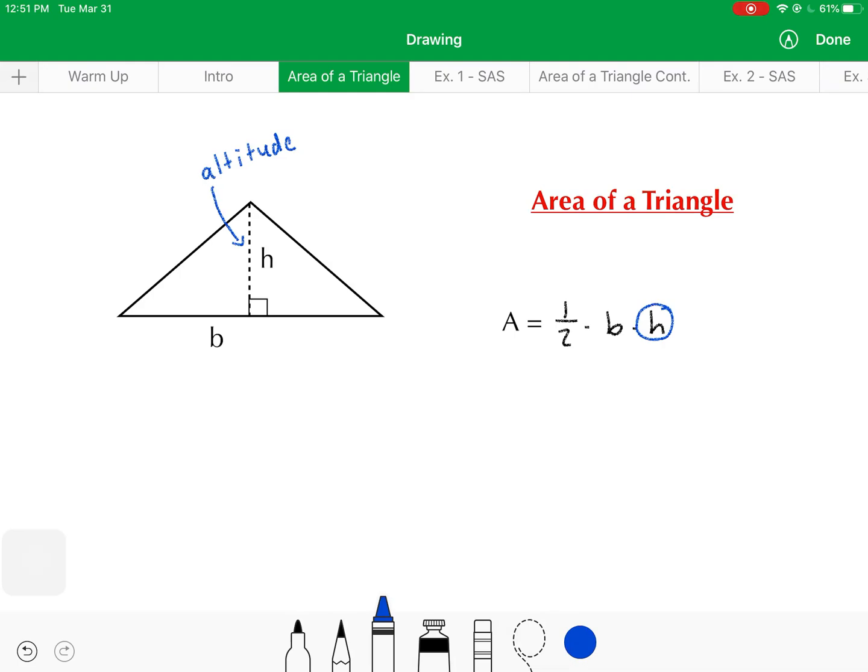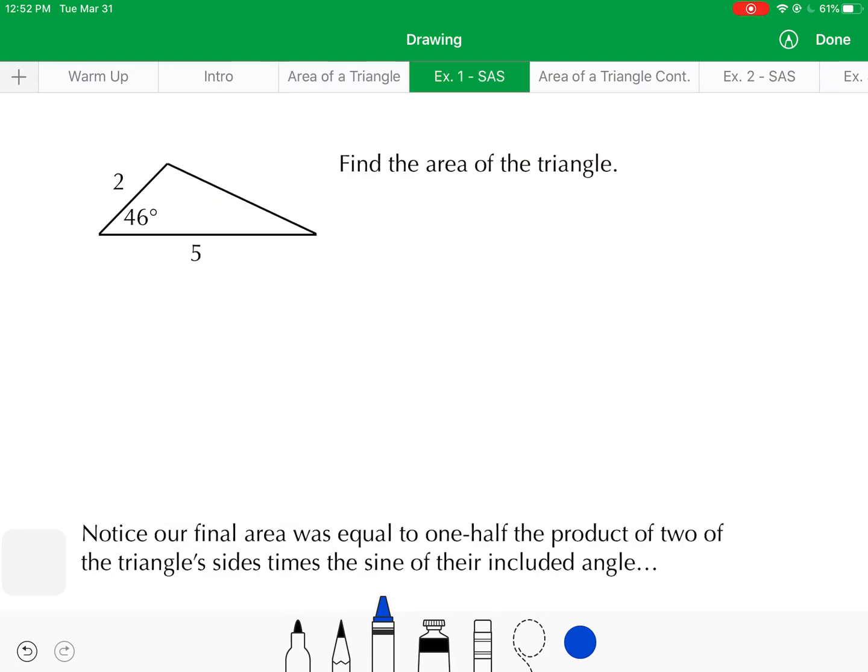So again, can't stress enough, the base of the triangle has to be perpendicular to this altitude, and the length of that altitude is the height of the triangle. All right, move to example 1 here.